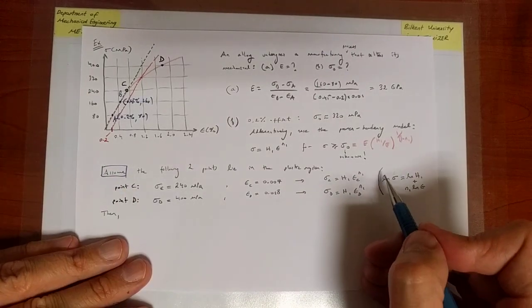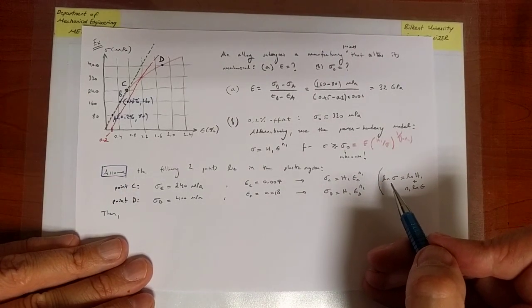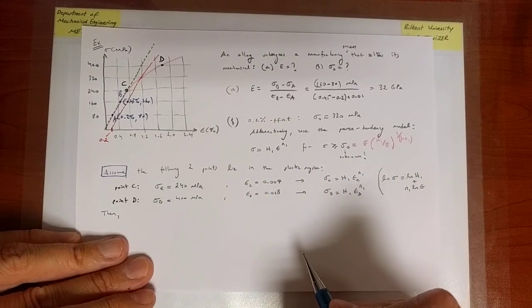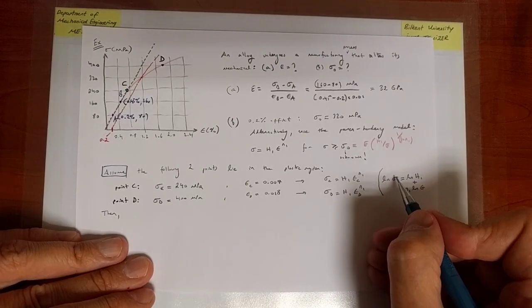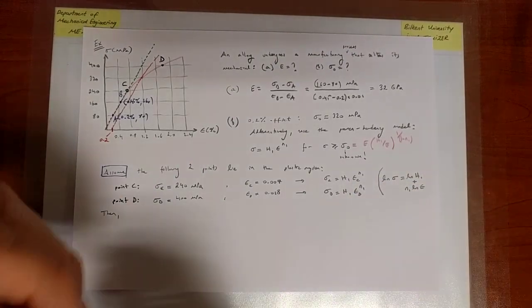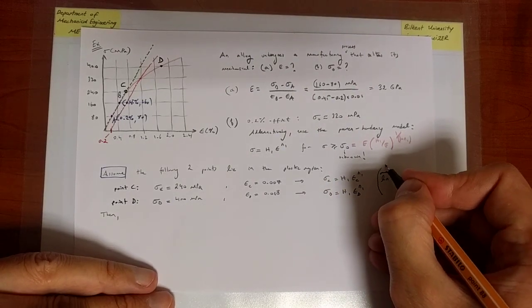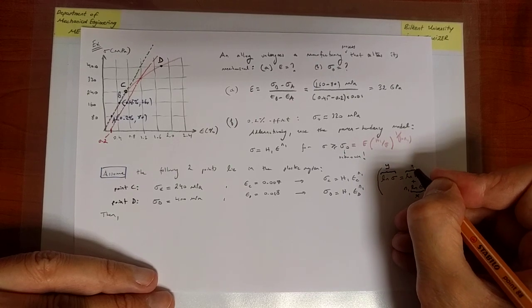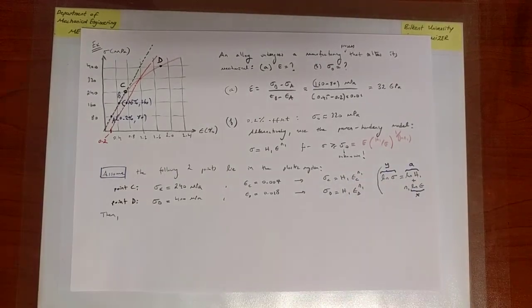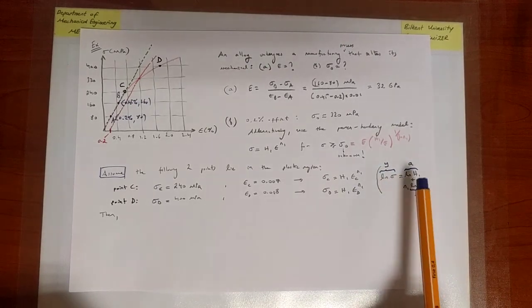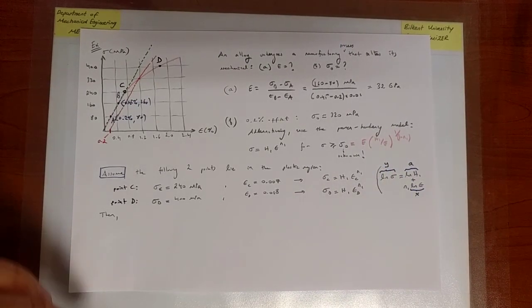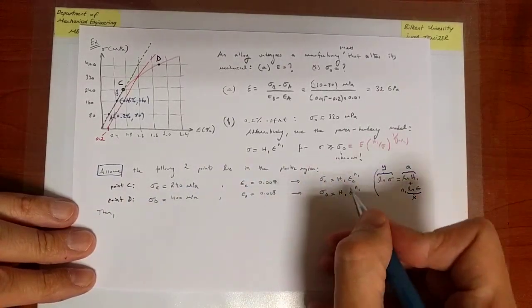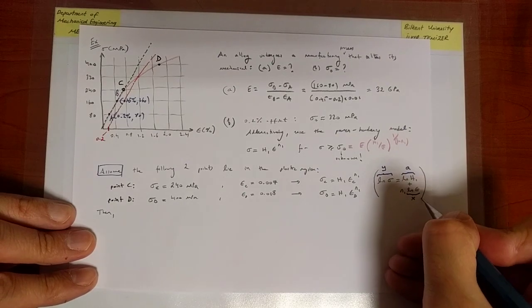All of a sudden, I convert the information from power form to linear form, because ln sigma is like a parameter y, ln epsilon is a parameter x, ln H1 is like a constant a, and N1 is the slope of the line in the logarithm strain versus logarithm stress space.